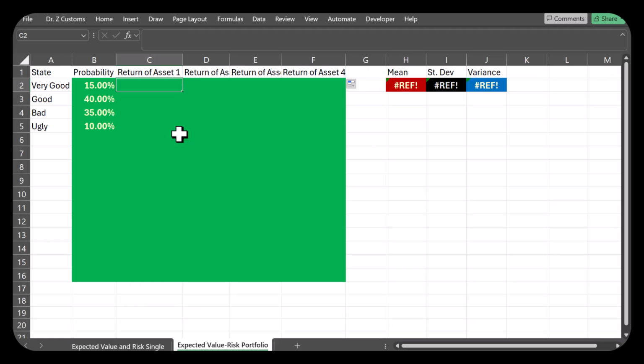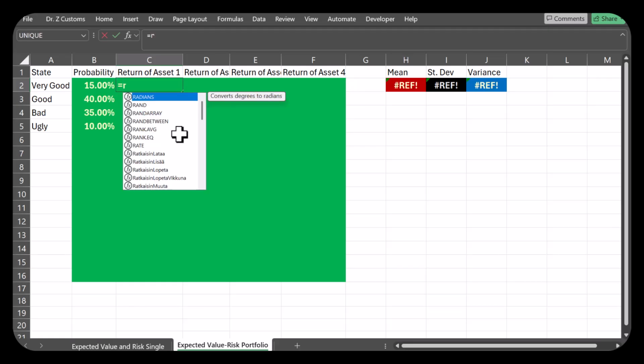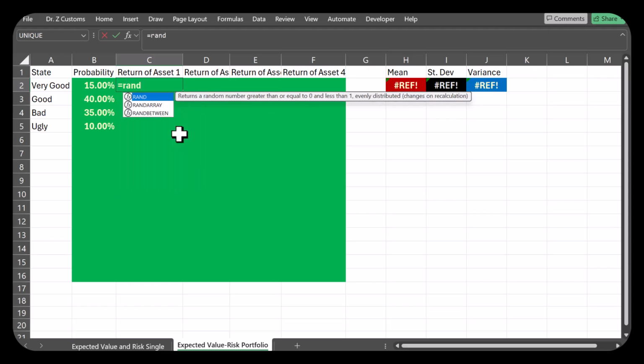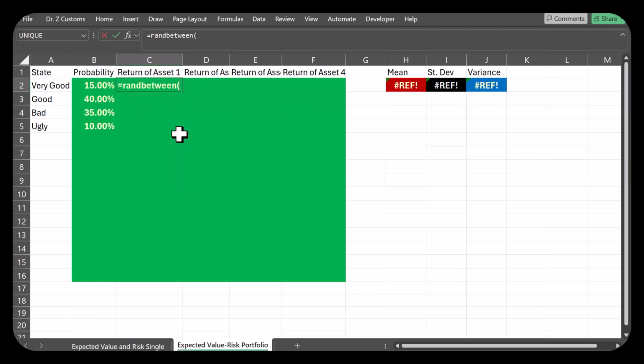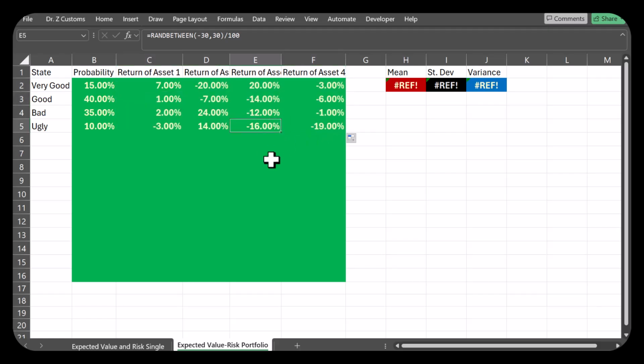I'm gonna put random numbers between negative 30 and 30, divided by 100, just to populate these. If you're doing a specific problem, you're gonna have specific numbers.